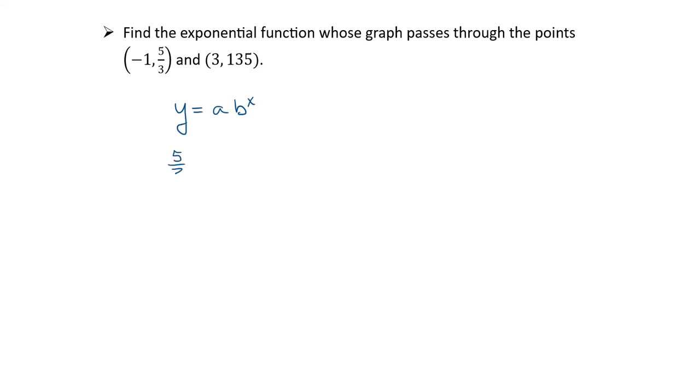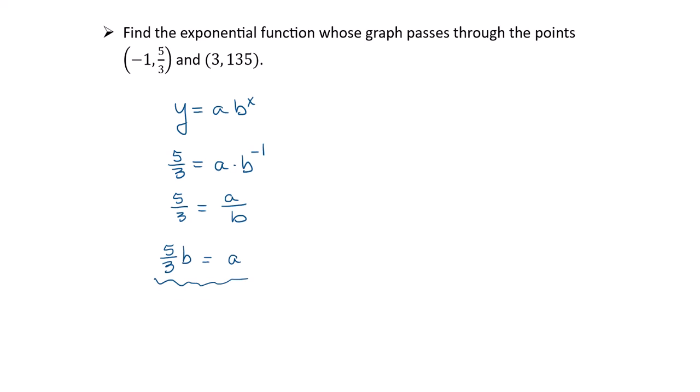Y is 5/3 when x is -1. This means 5/3 equals a over b. This is going to mean for us, if I multiply both sides by b, a is equal to 5/3 b, or 5b over 3. Now I don't know what a is numerically, but I do know what a is in terms of b now.